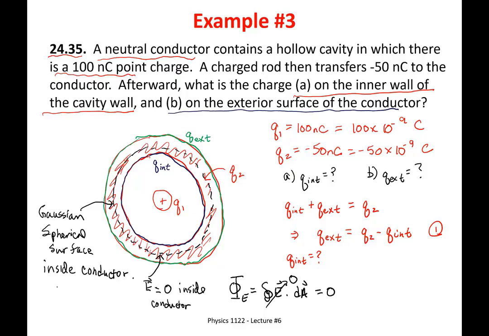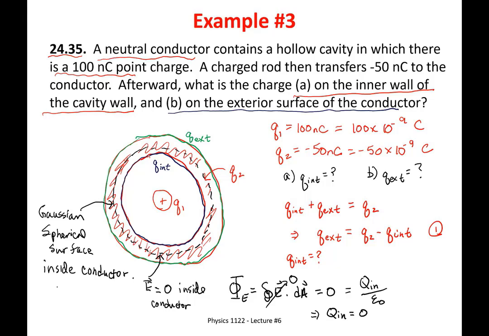And if the electric flux is equal to zero, then by Gauss's law, that's equal to the charge inside the Gaussian surface divided by epsilon naught. This implies that the charge inside my chosen Gaussian surface is equal to zero.